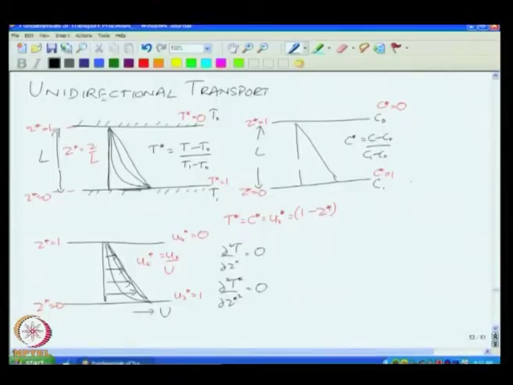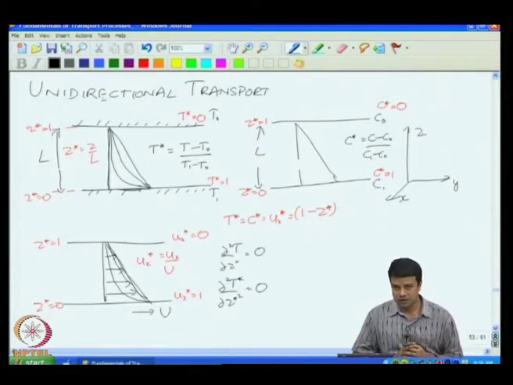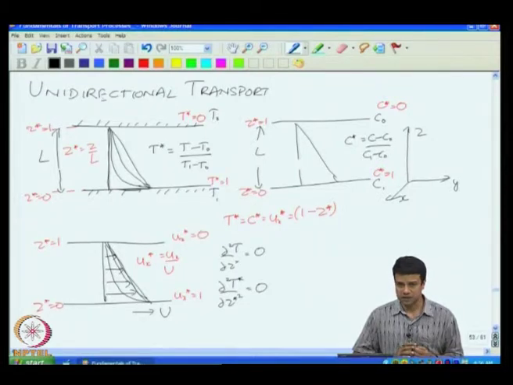In what is called a Cartesian coordinate system, the 3 coordinates are x, y, and z, and unidirectional transport in a Cartesian coordinate system means that the transport is taking place only along one direction. And the simplest example in Cartesian coordinates is the transport between 2 flat plates. And we looked at various instances of heat and mass transfer between 2 flat plates, both at steady state and at unsteady state.